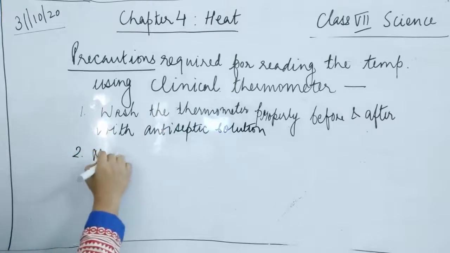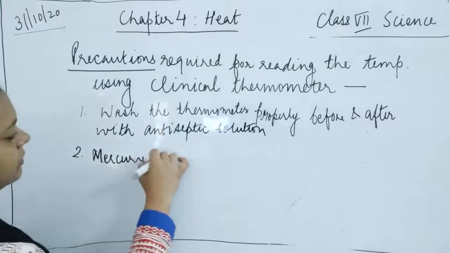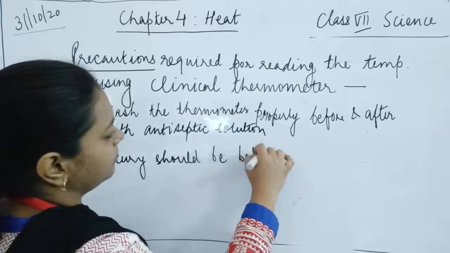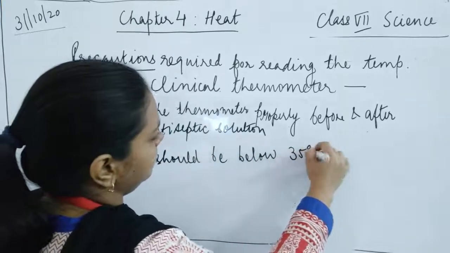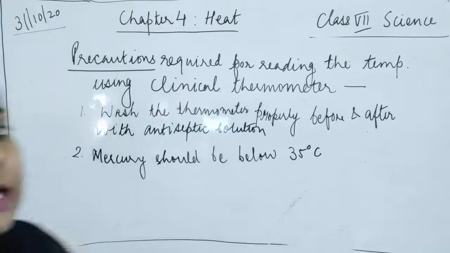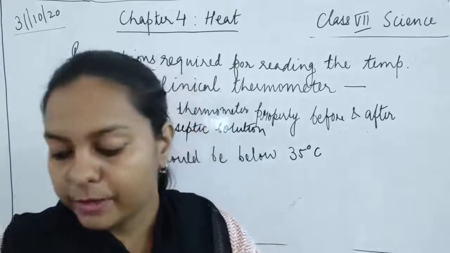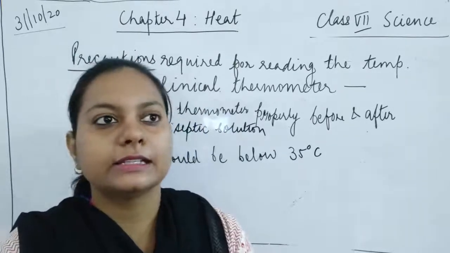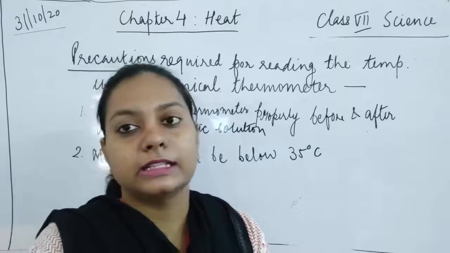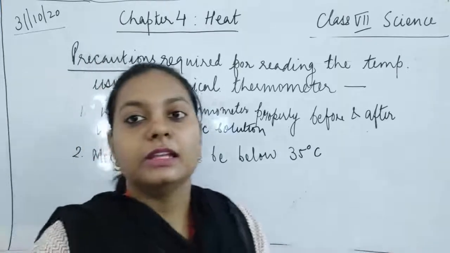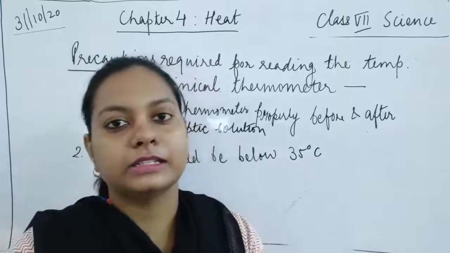The mercury should be below 35 degrees Celsius. Okay, it should be below 35 degrees Celsius. Why? Because I said that normal body temperature is 37 degrees Celsius, and if it is not below 35 degrees Celsius, then what happens? Already the thermometer will be having some degrees in its measurement.